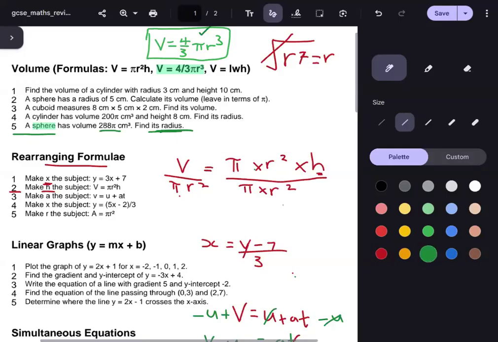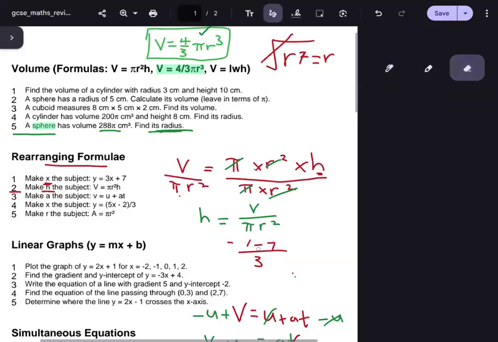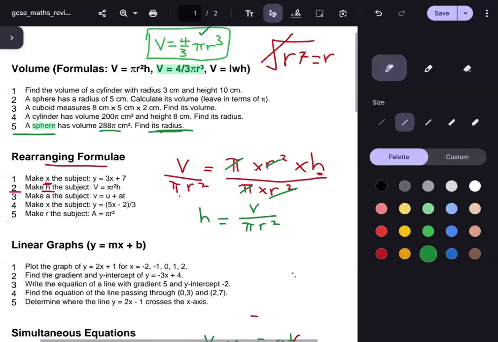And when we do that, the pi cancels out with the pi, and the R squared cancels out with the R squared, and you are left with H. So H is equal to V divided by pi R squared. Do you get it now? Yeah. Let's do number 5 because it's similar.